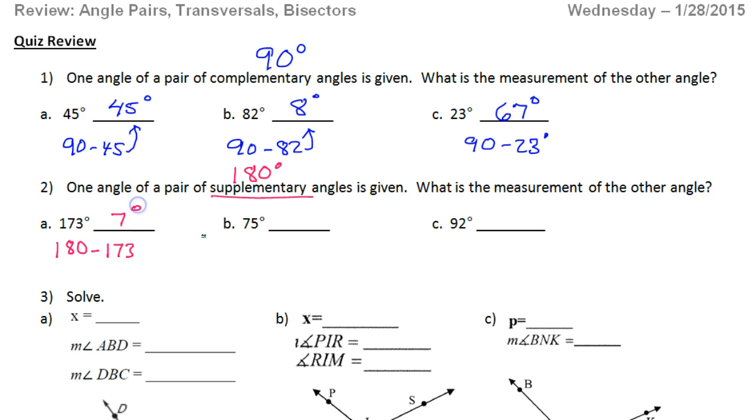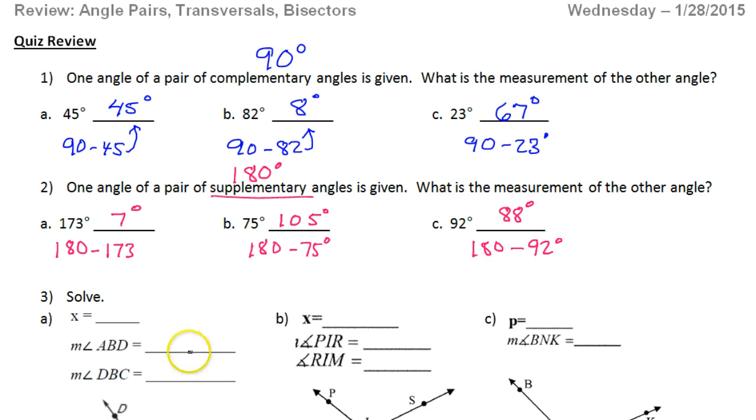That's going to be 7 degrees. 180 minus 75 degrees is 105 degrees. And 180 minus 92 degrees is 88 degrees. So if you add up these pairs, they should add up to 180 each time.